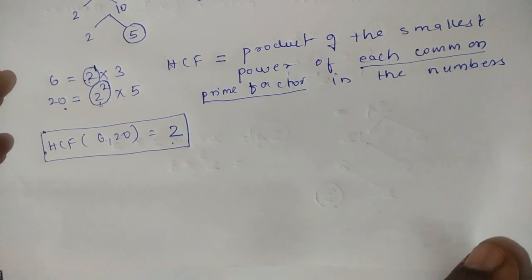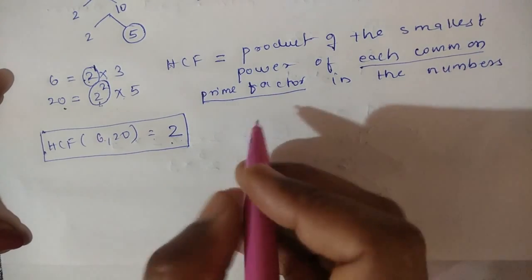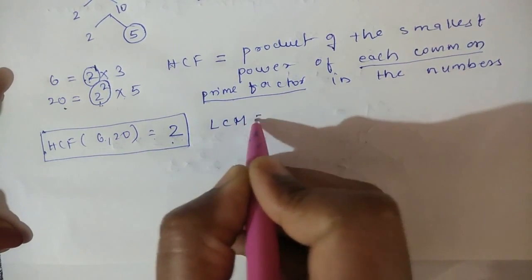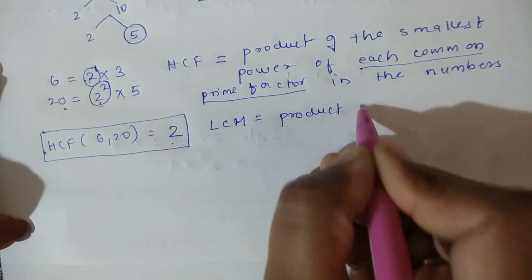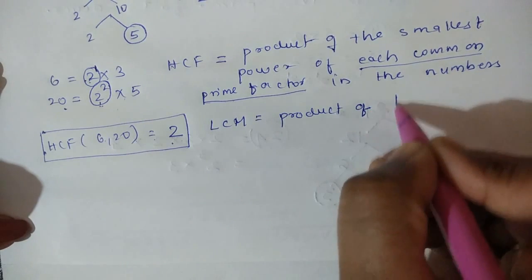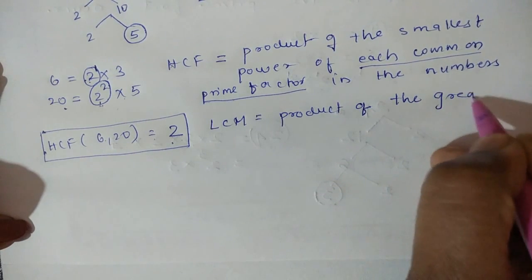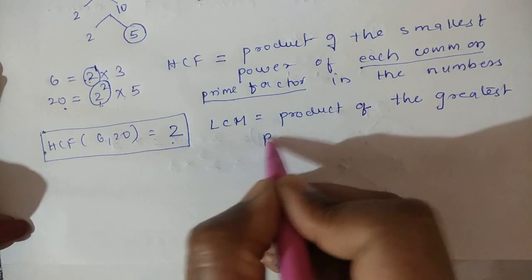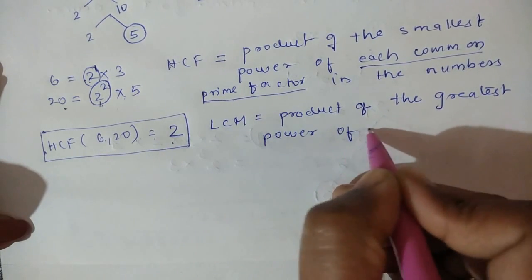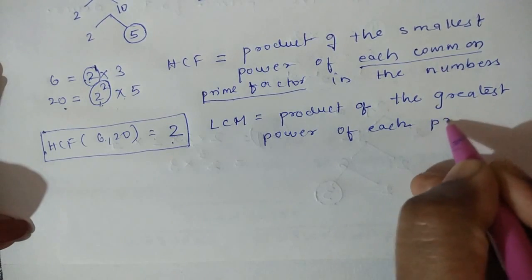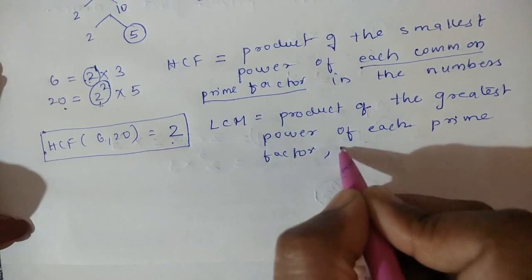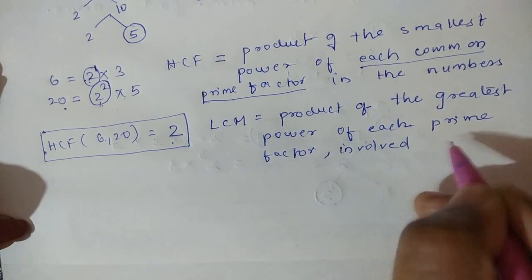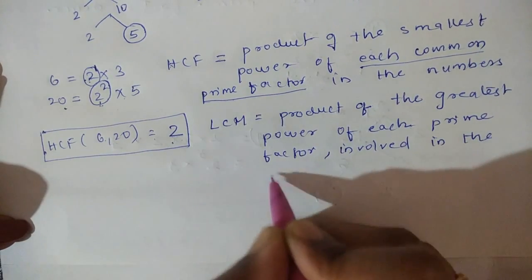Now let us come to find the LCM of any two given numbers using the prime factorization method. And how to find LCM? Product of the greatest power of each prime factor involved in the numbers.